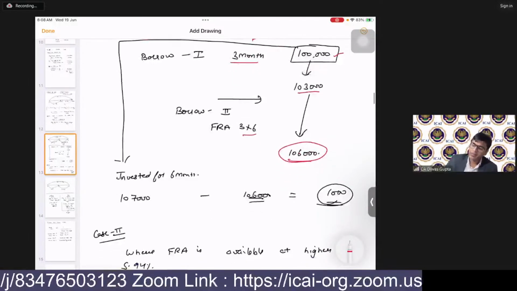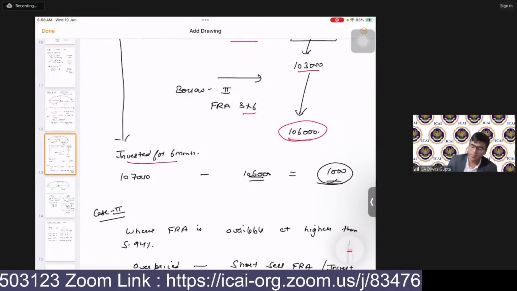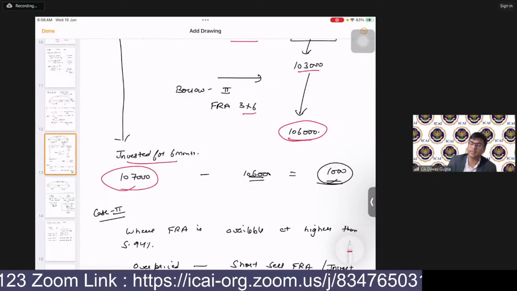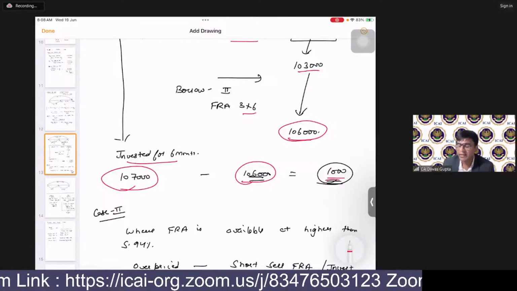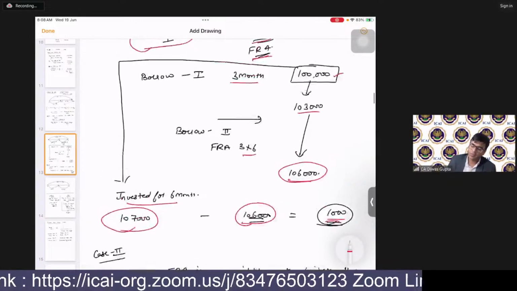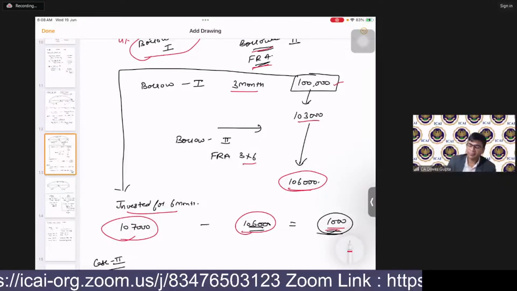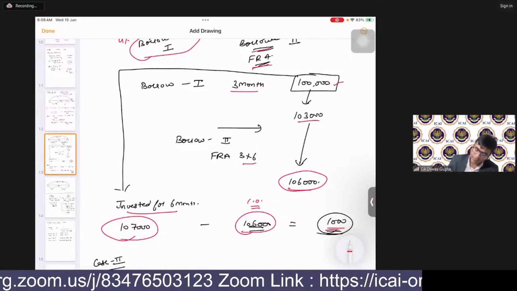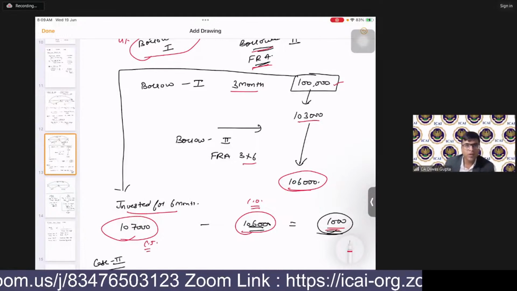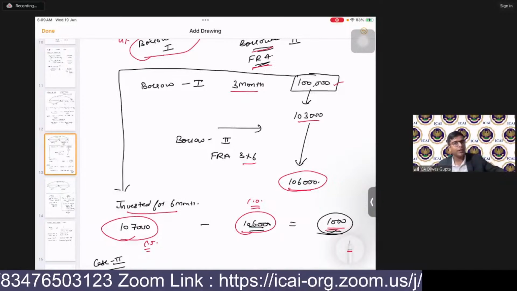Okay. And here you have invested this amount for 6 months. The amount comes as 1,07,000 minus 1,06,000. So ultimately you will gain around 1,000 rupees, students. Clear? So ultimately, this is your cash outflow after 6 months and this is your cash inflow after 6 months. Always think from the cash outflow and cash inflow perspective, students.